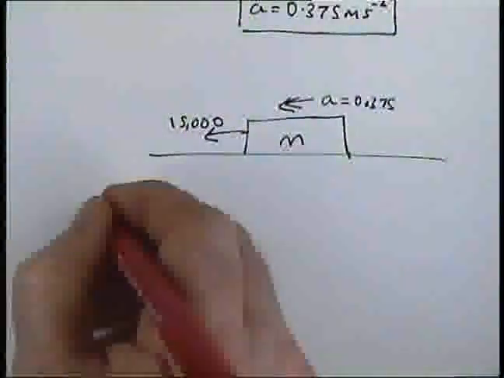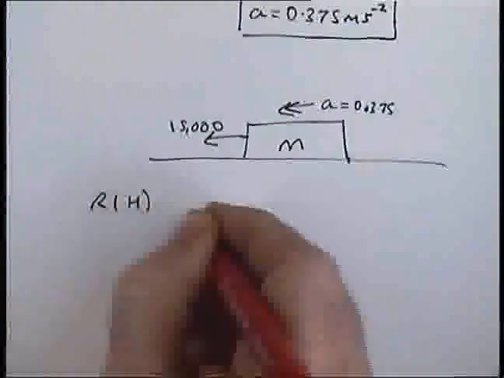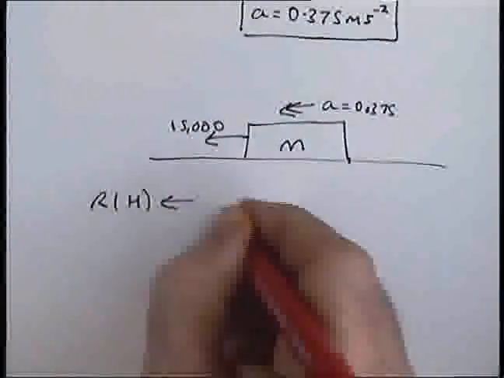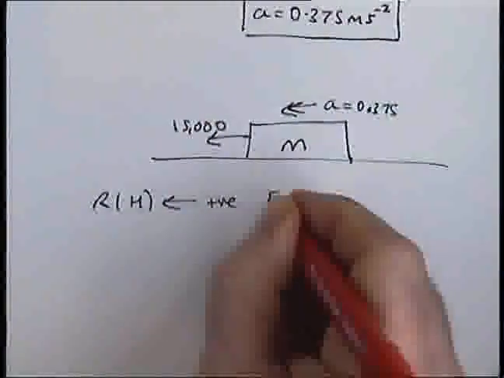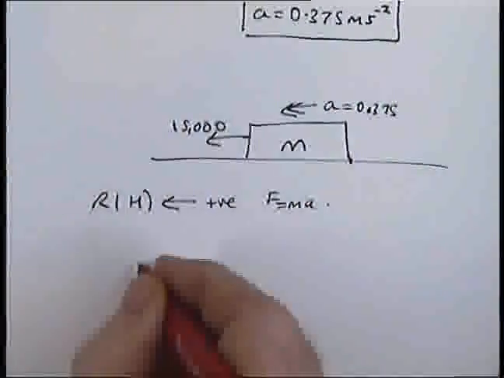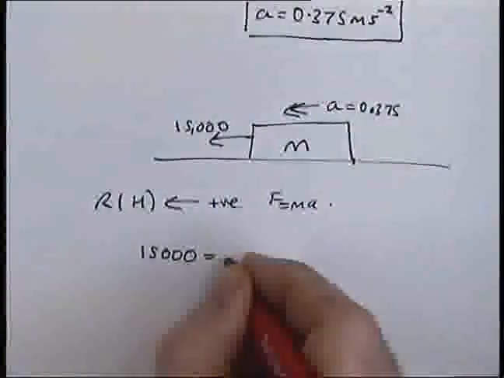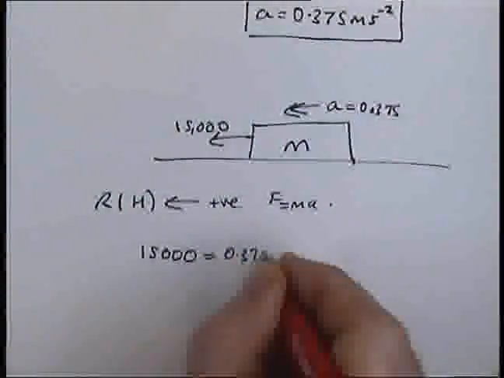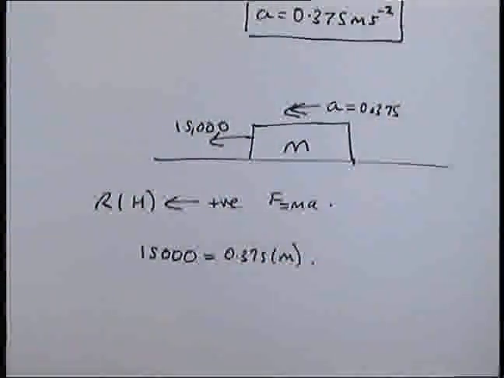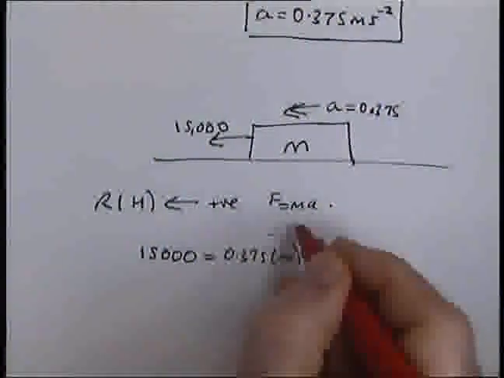So, quite a common thing we've done so far is resolving horizontally, taking right to be positive, using F equals ma, and I get 15,000 equals 0.375 lots of M, because the a is 0.375.